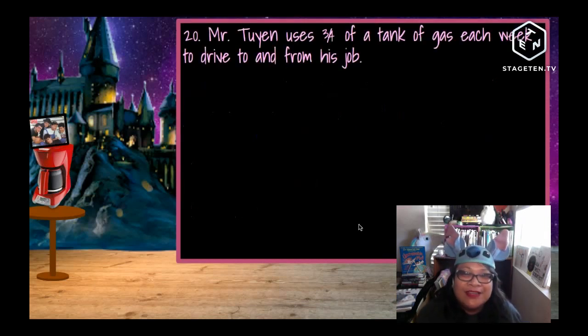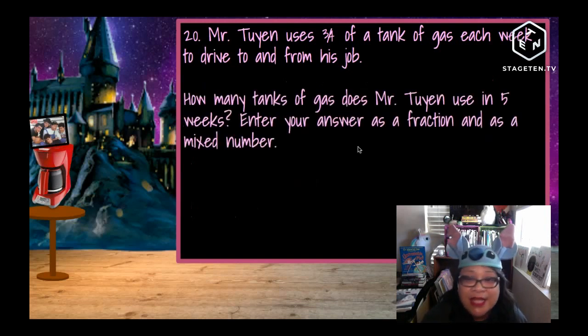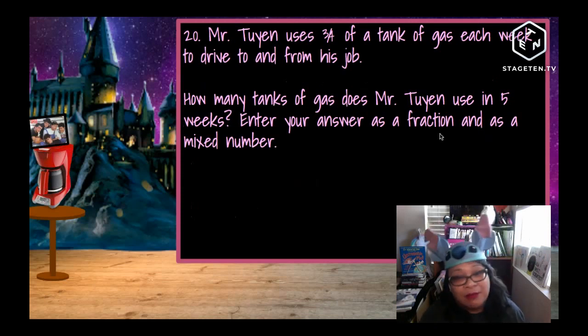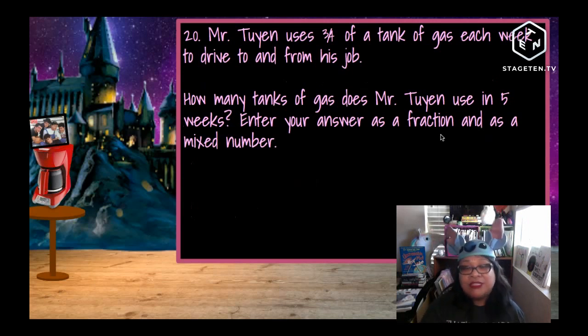Number 20. Mr. Tuyen uses 3/4 of a tank of gas each week to drive to and from his job. How many tanks does Mr. Tuyen use in 5 weeks? Enter your number as a fraction and as a mixed number. So if your teacher is like me, if you don't follow all the parts of the math problem, you won't get full credit.